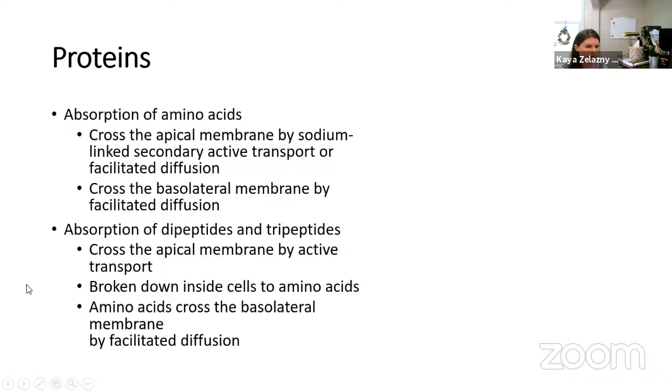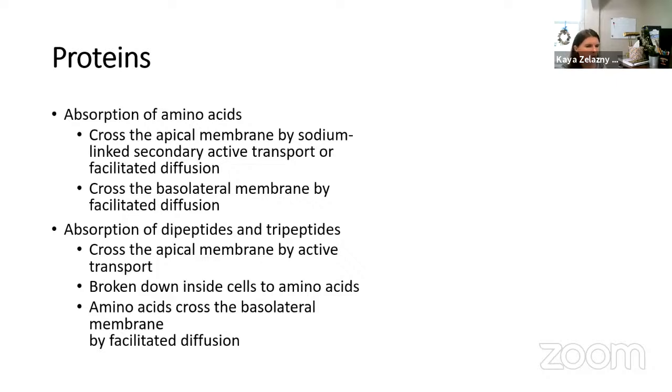They're then going to be able to cross into the plasma through facilitated diffusion, so they're going to move down a gradient. The absorption of dipeptides and tripeptides, so 2 or 3 amino acids linked together respectively, they're actually also able to cross into the cells. So unlike our carbohydrates, which have to be in the form of monosaccharides, our proteins can be absorbed in slightly larger forms.